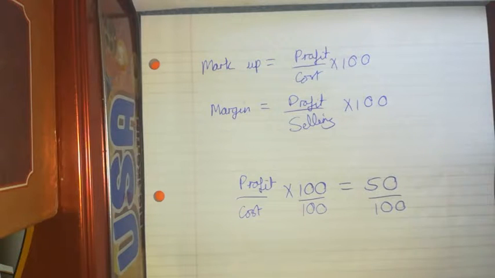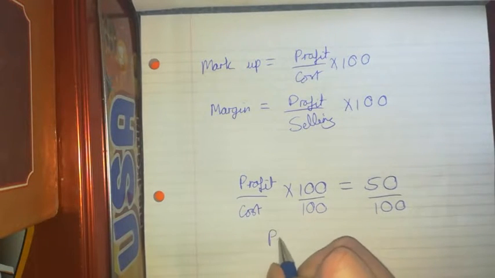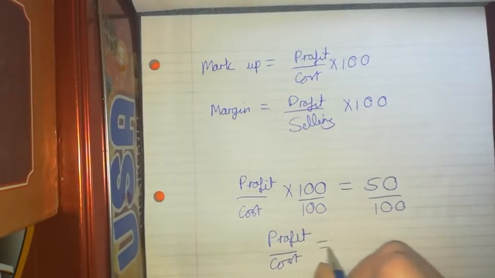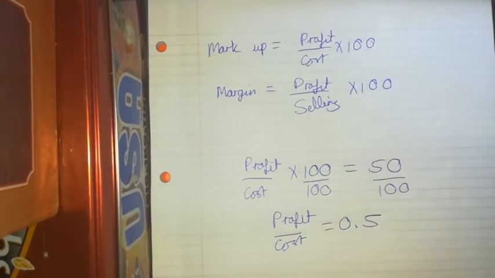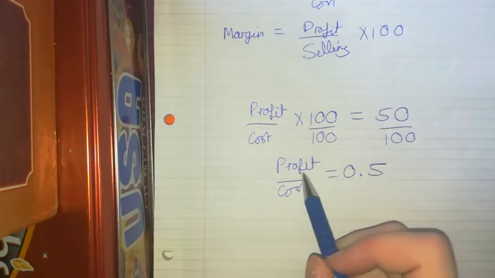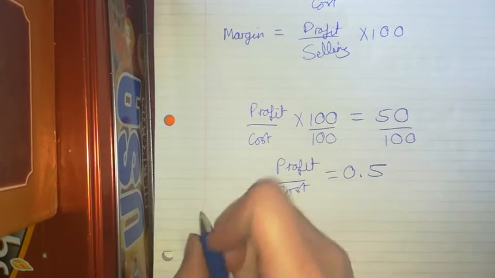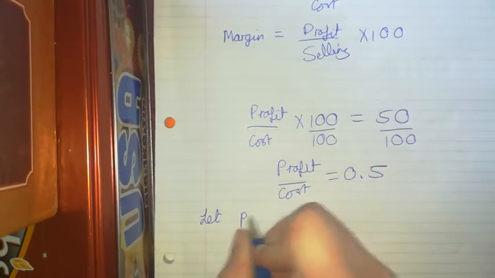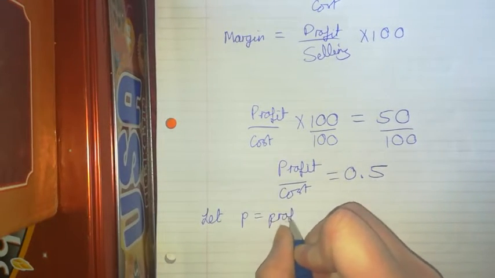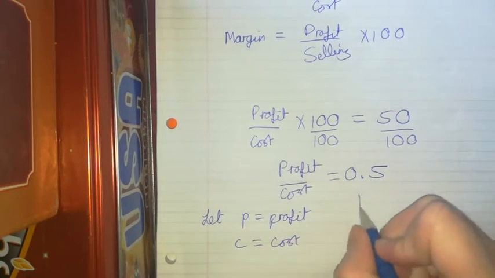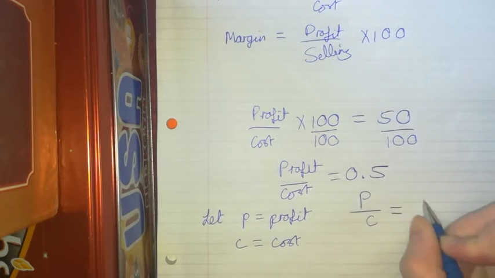Then I'll be left with 50 over 100, so the profit over the cost is equal to 0.5. I could let P equal the profit and C equal the cost. So P over C is equal to 0.5.